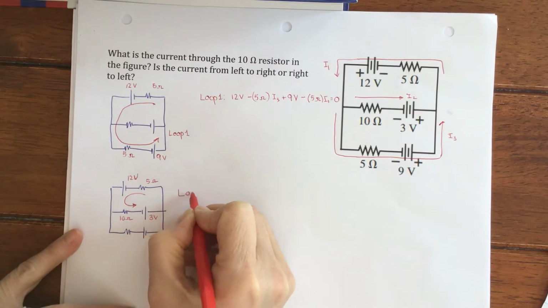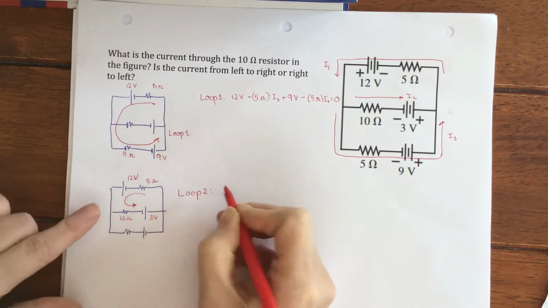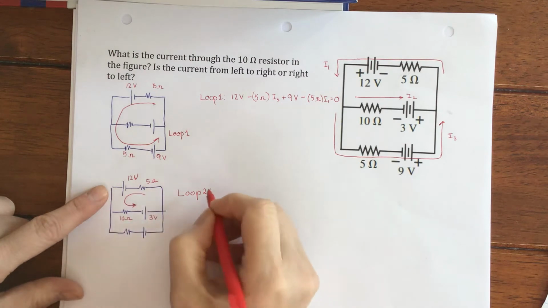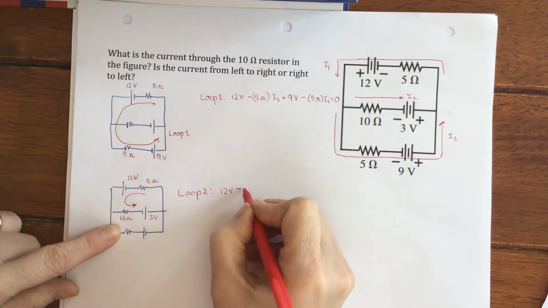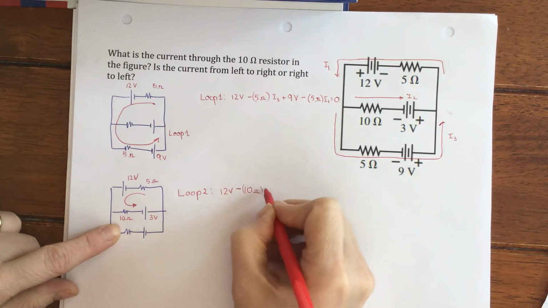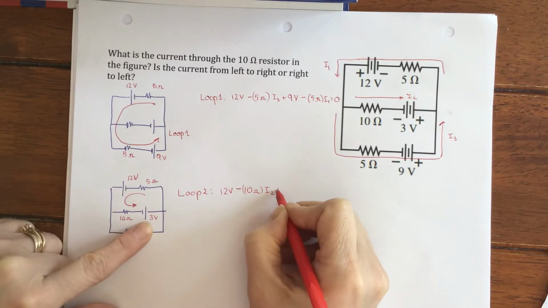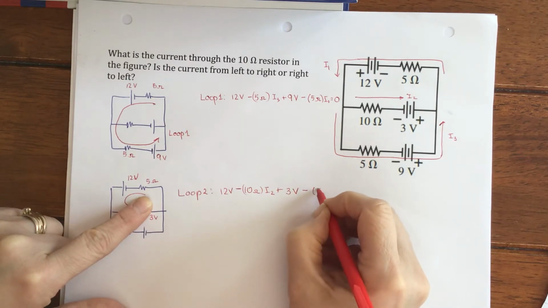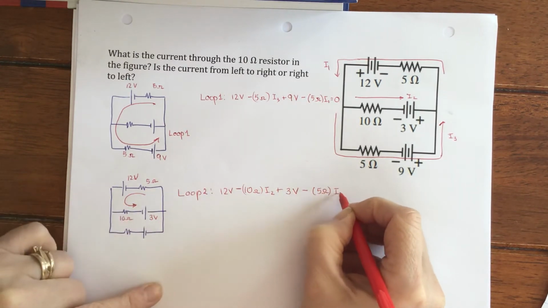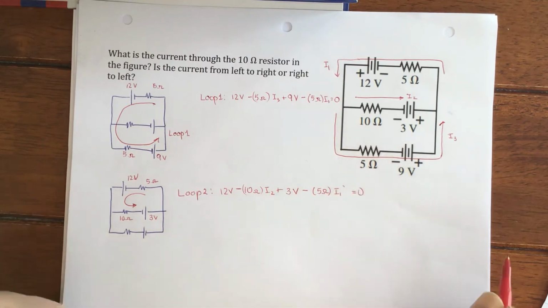Writing Kirchhoff's law for loop number 2, we have the 12 volt battery, increase in potential. We get a drop through the 10 ohm resistor, so minus 10 ohms times I2. A 3 volt increase due to that battery, and a drop across this resistor. So there are Kirchhoff's laws loop rules.